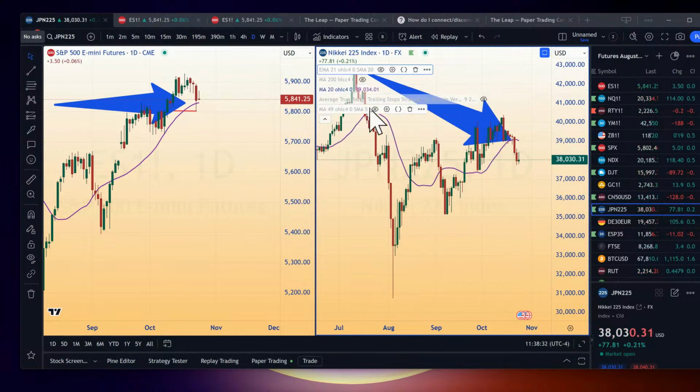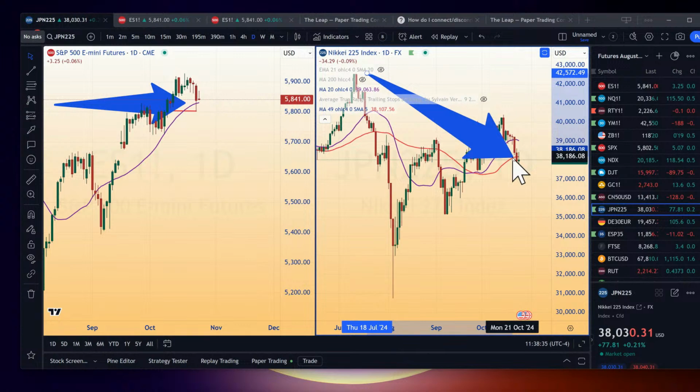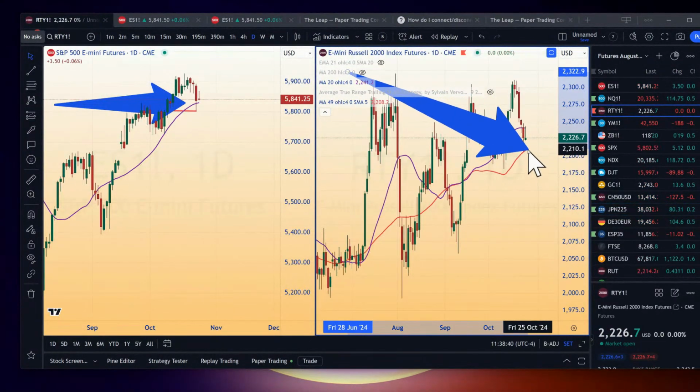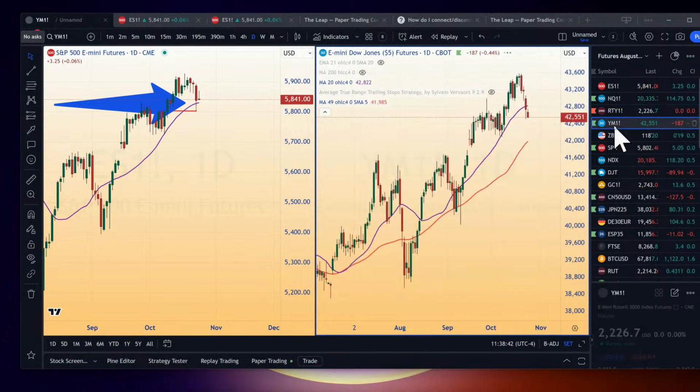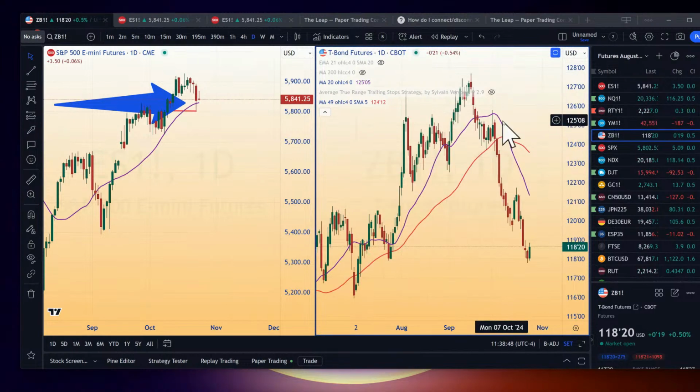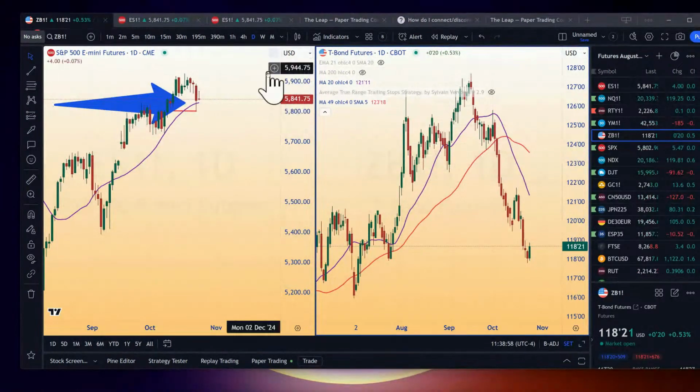So if I see this, and I see the 50, and I see the Nikkei under the 50, and I see the Russell at the 50, and I see the YM up here, and I see the bonds plunging. Yeah, how did that work with any kind of moving average? It didn't. So the whole point in here is if a ton of indexes are under it, what's going to make the S&P go up?